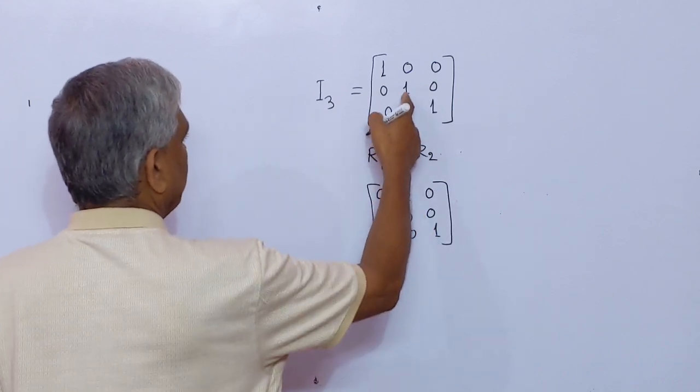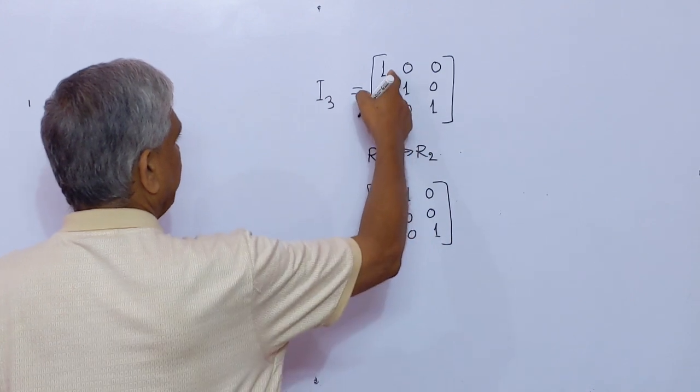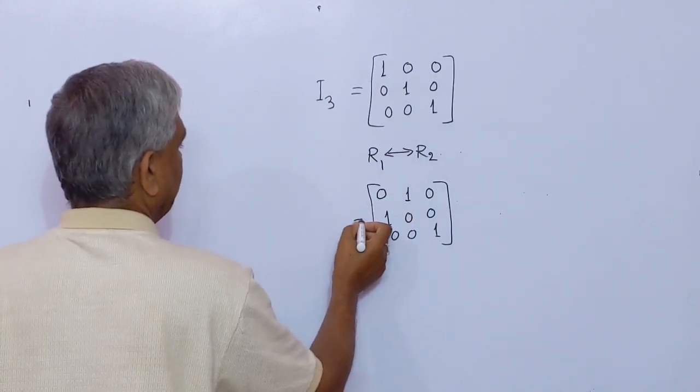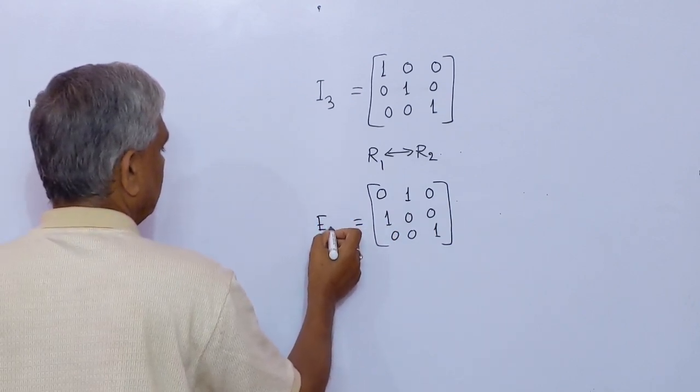Elements of the second row become elements of the first row, and elements of the first row become elements of the second row, and this elementary matrix is denoted by E12.